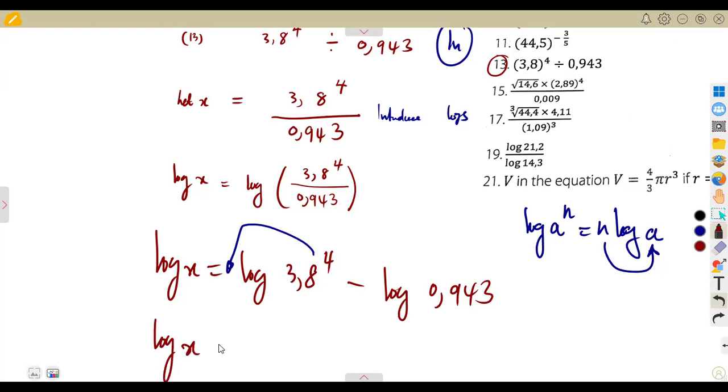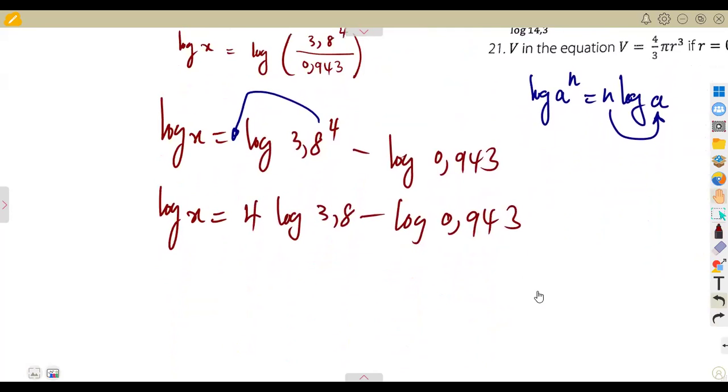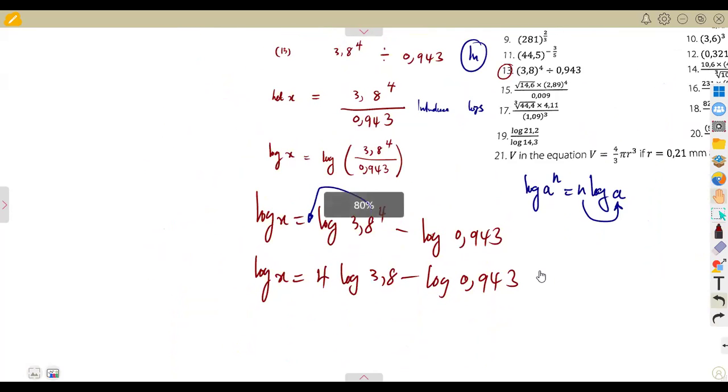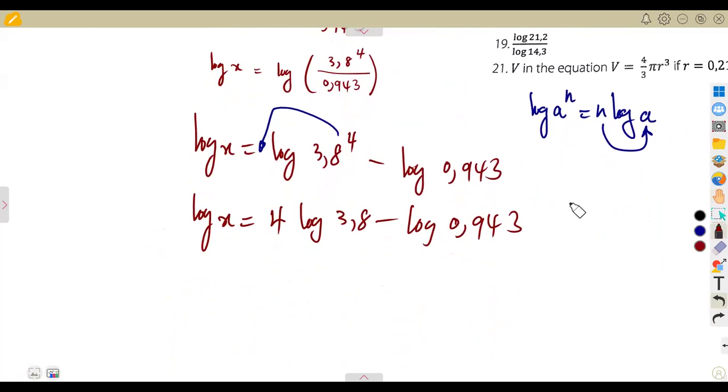So the logarithm of x is equal to 4 log 3,8 minus the logarithm of 0,943. We can simplify each logarithm as long as they are single logarithms that you are remaining with, without exponents, without any fraction, anything that is affecting the log. You can simplify these one by one, each on its own.